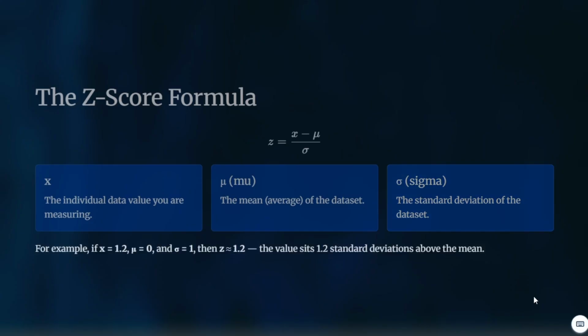For example, if x is 1.2, mu is 0, and sigma equals 1, then z will be equal to 1.2 minus 0 divided by 1, which is 1.2. That is, the value sits 1.2 standard deviations above the mean.